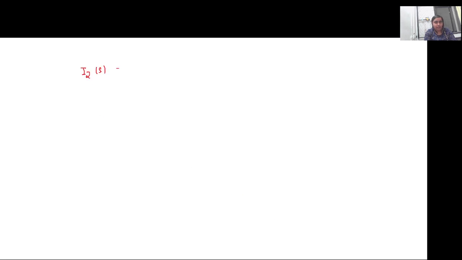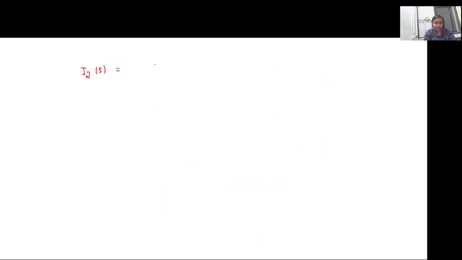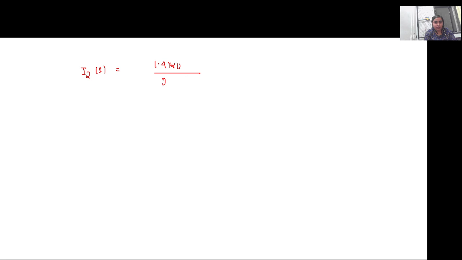So I2 of s will be equal to 1.4 into 20 by 26.5 into 1 by s plus 25 by 26.5. This is a more simplified form, in the form of s plus a.